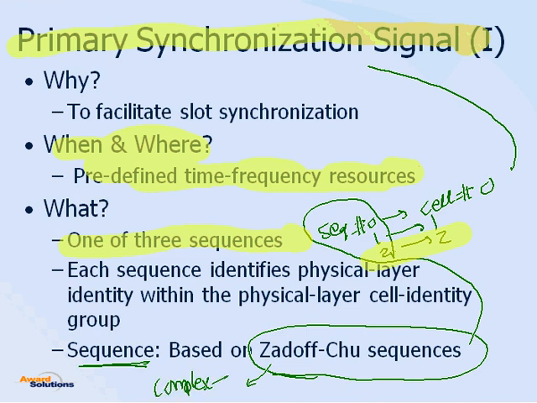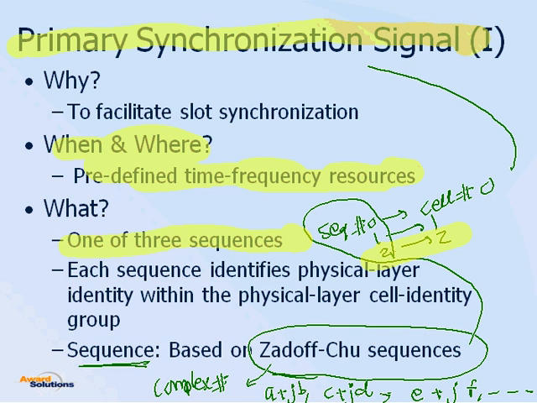So rather than being just 0 or 1, it would be, let's say, A plus J times B, C plus J times D, E plus J times F, and so on. It is a series of complex numbers, not just ones or zeros. Okay, so hopefully that will answer your question.